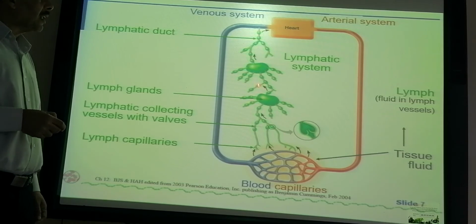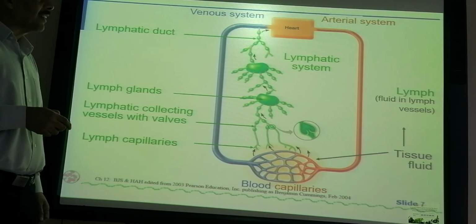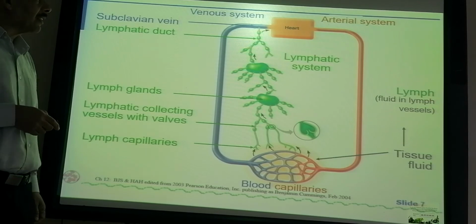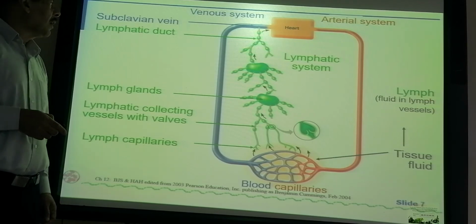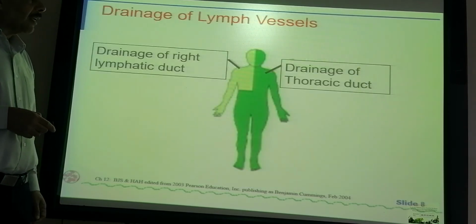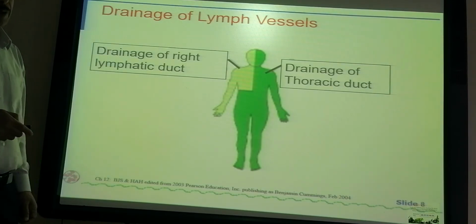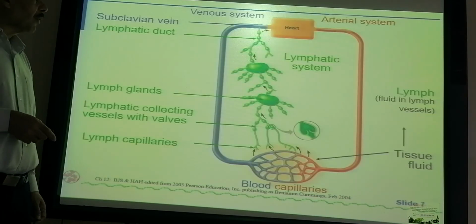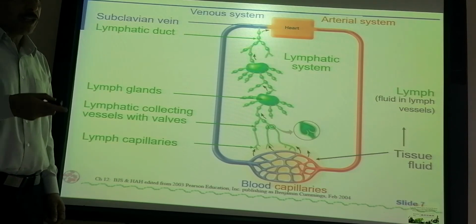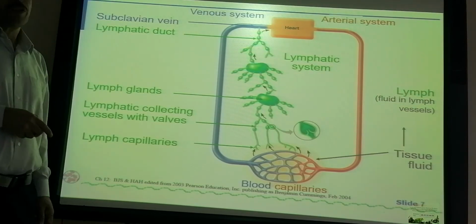Then it will go to the lymphatic duct, and from the lymphatic duct to the subclavian vein, and from the subclavian vein to the circulation. It will go back to the heart and to the circulation.